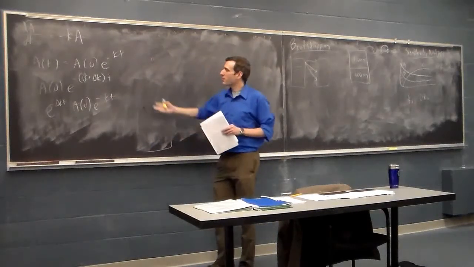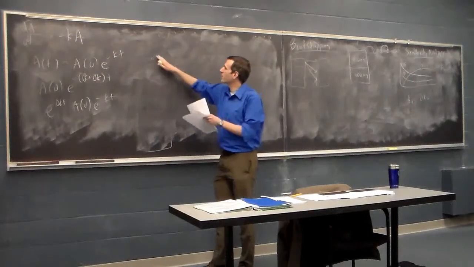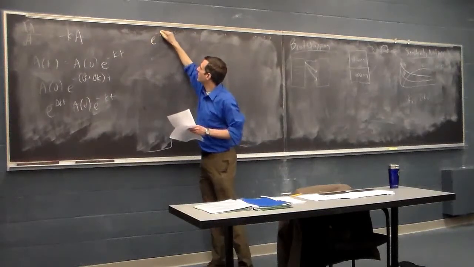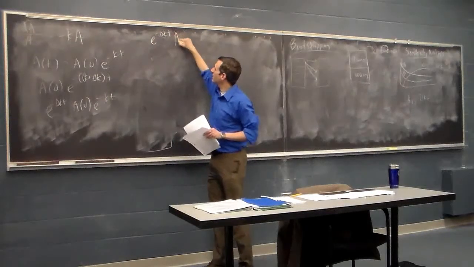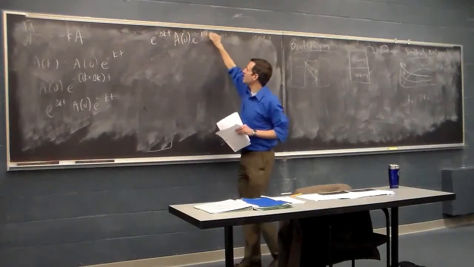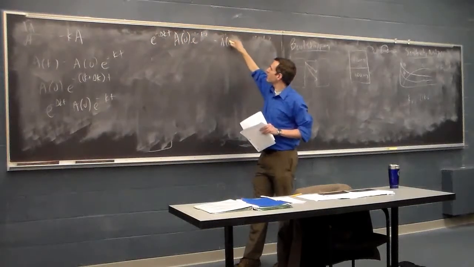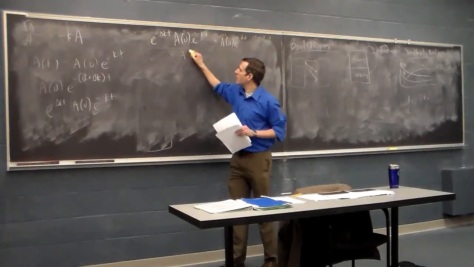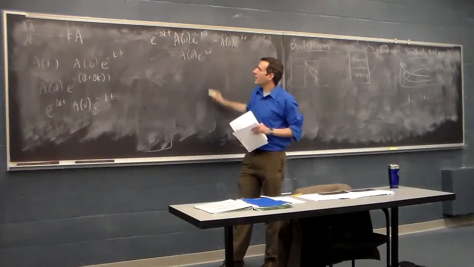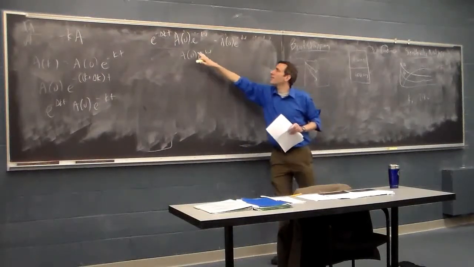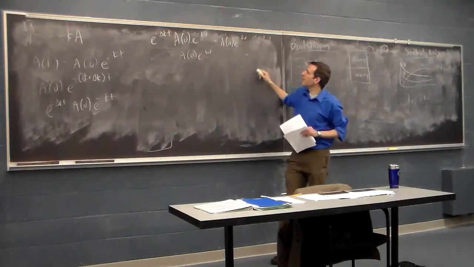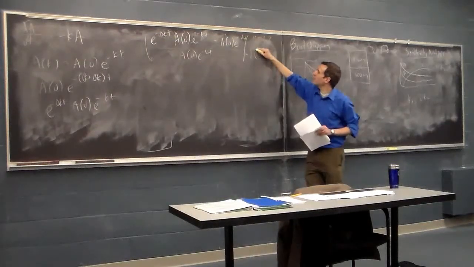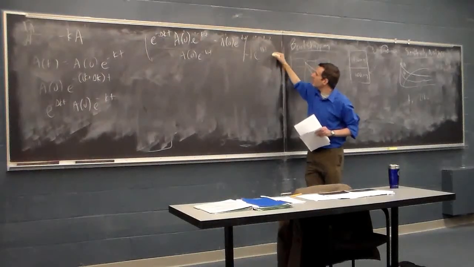So we could say that the fractional error after some time capital T for some values k and delta k would be the perturbed model, e to the minus delta k t times A of 0 e to the minus kt, minus the original model, A0 e to the minus kt, divided by the original model. That would give us a fractional error. And if you cancel out all of these terms of A0 e to the minus kt, I should put an absolute value on this, we would end up with e to the minus delta k t minus 1.